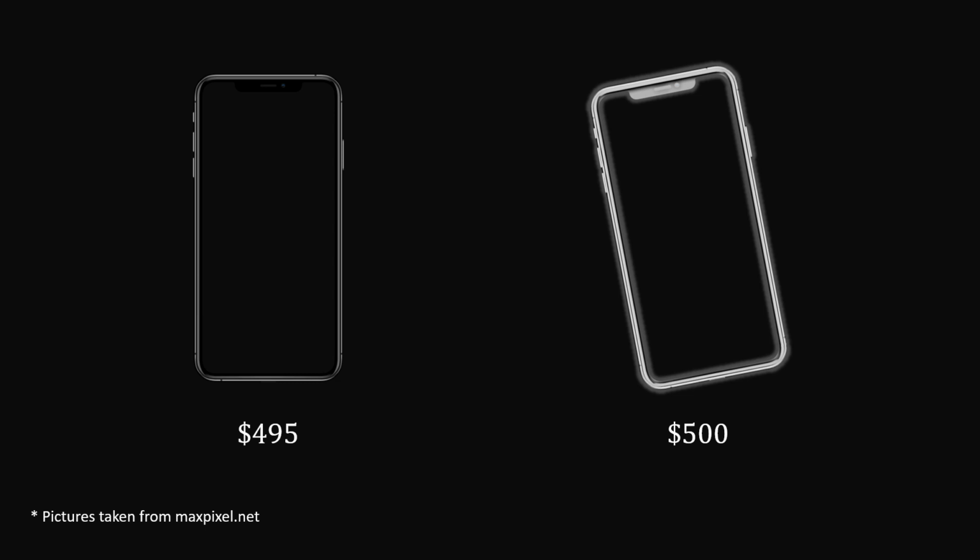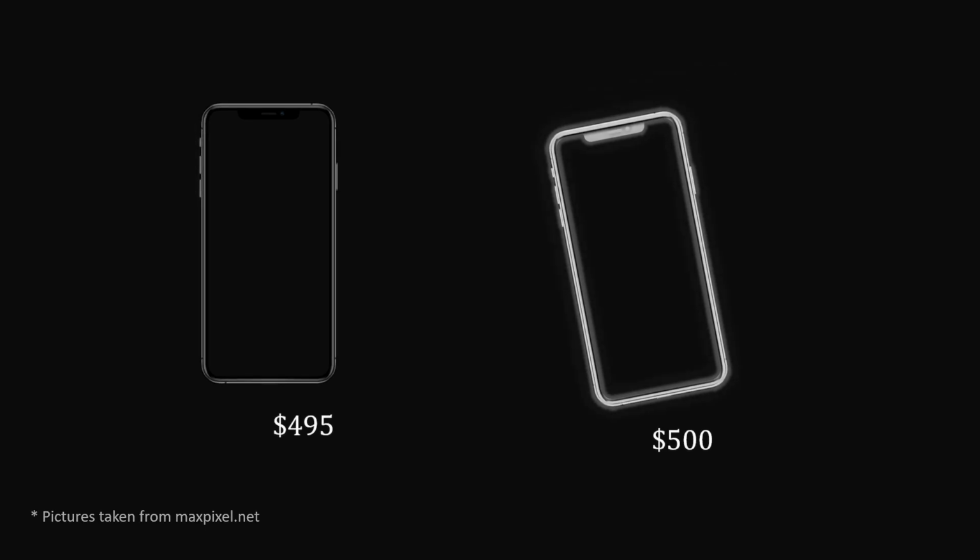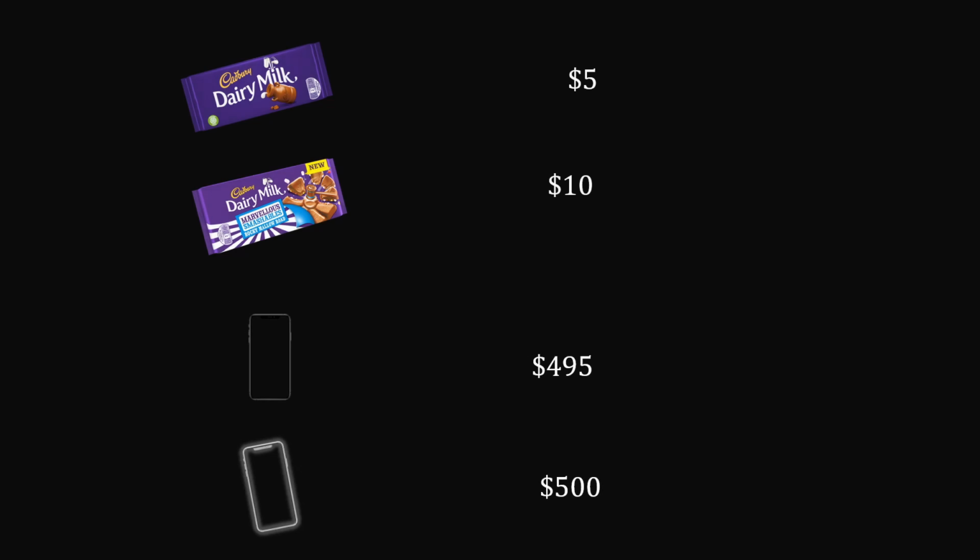Would you buy it? I think you would. If you compare these two scenarios, the price increase is exactly the same, but the overall price is pretty different. That makes us psychologically choose different things.